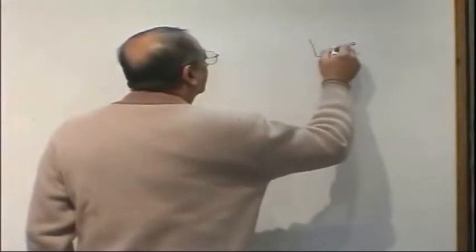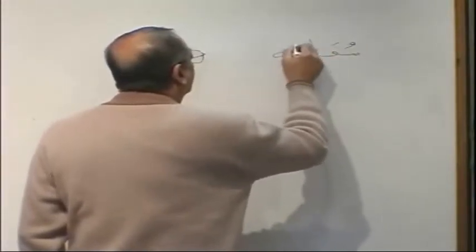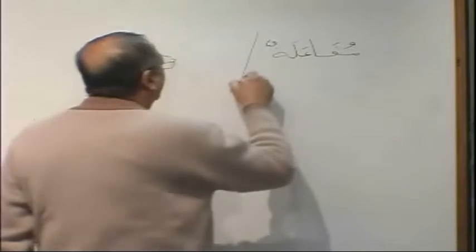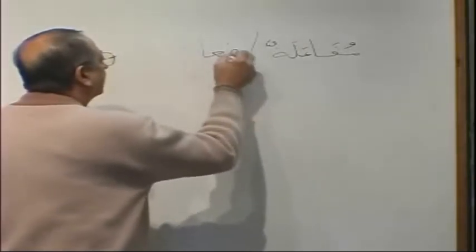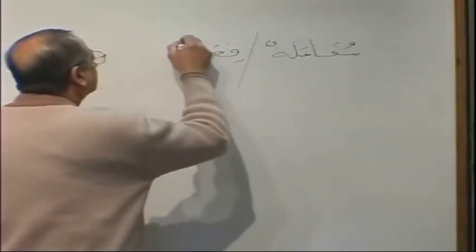We have two patterns. Remember, there are two patterns of mastar for form 3: mufa'alatun and fi'alun. Let me write it down so that you remember it. Mufa'alatun and fi'alun.